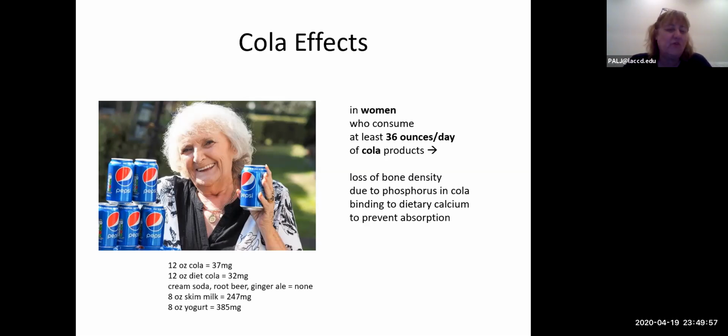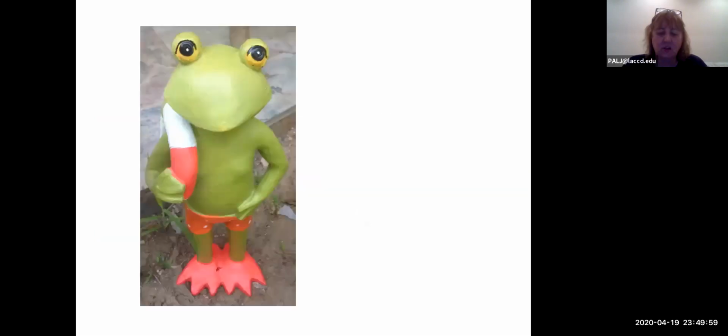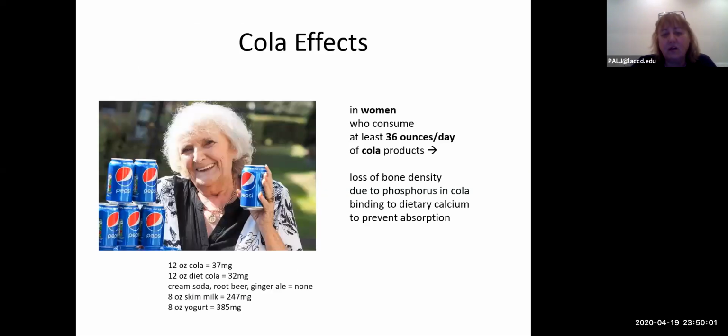And if it's really due to the phosphorus, then let's look at skim milk and yogurt, which has 10 times the amount of phosphorus. Granted, it also has some calcium, but let's just say the jury's still out.